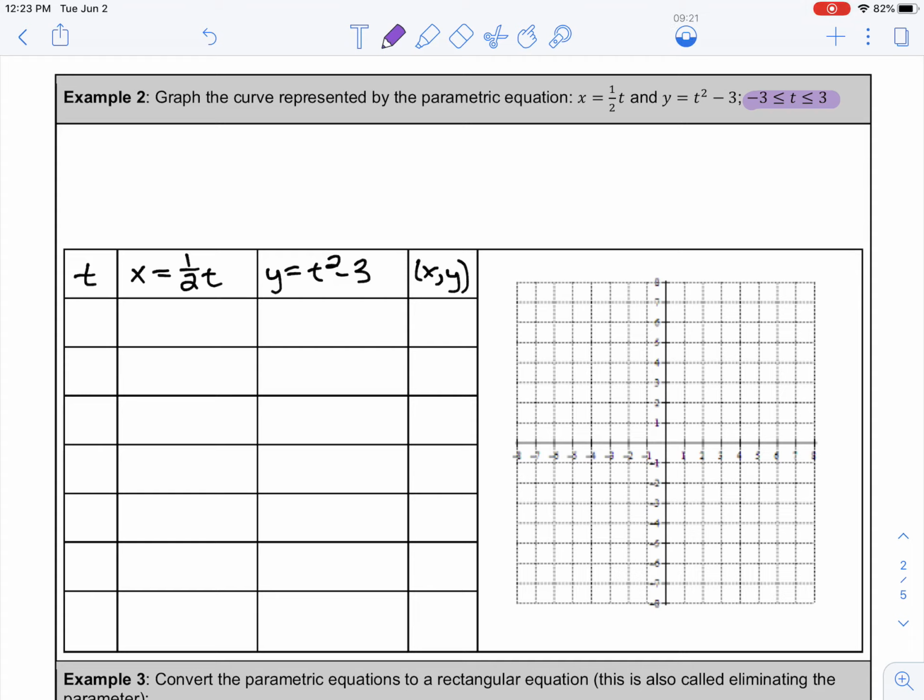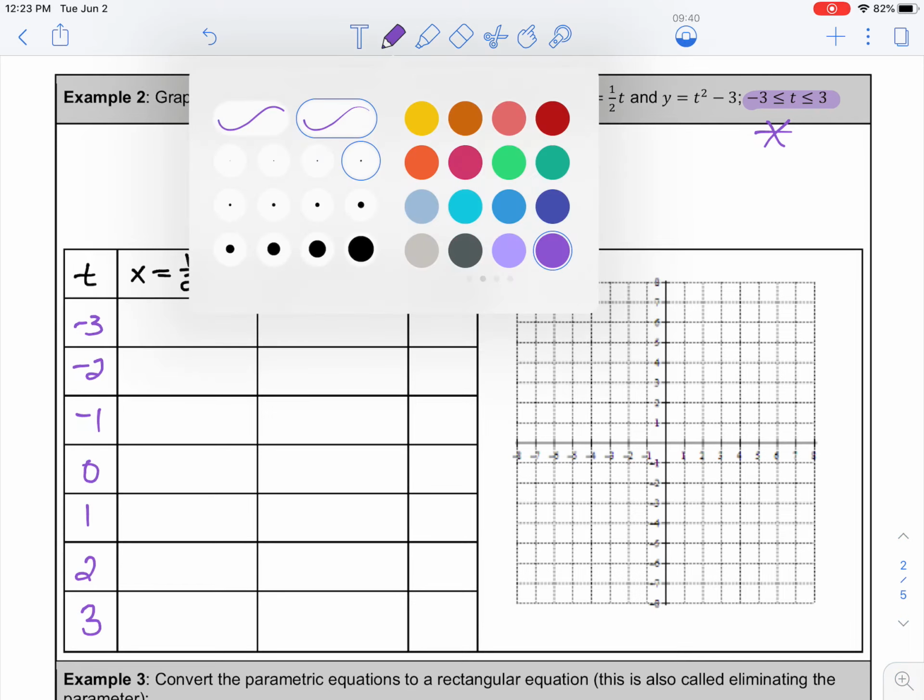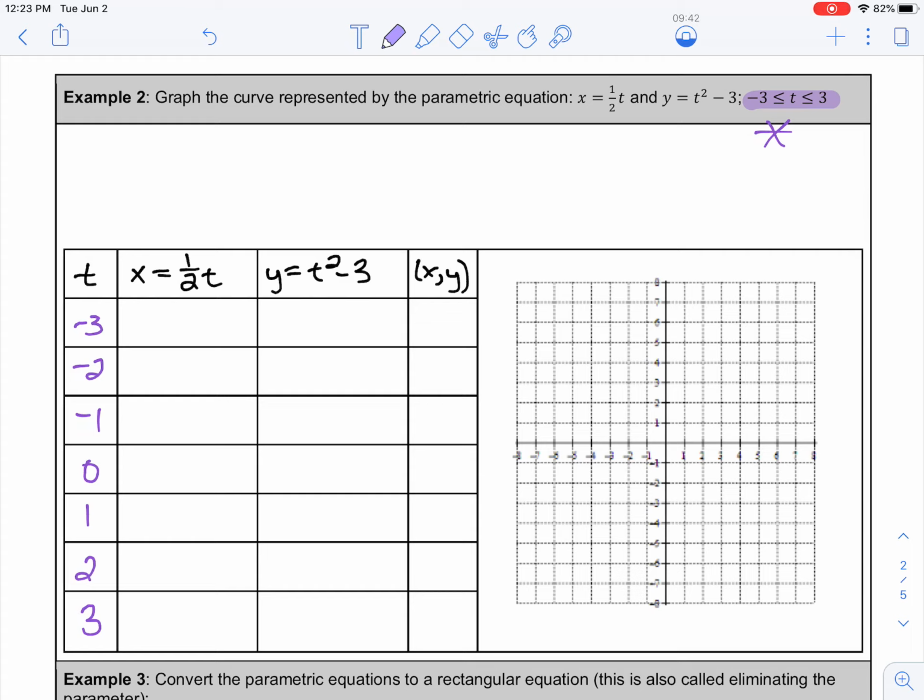Remember, we were given this interval from -3 to +3. So we will take a look at these functions when t is -3, -2, -1, 0, 1, 2, and 3.